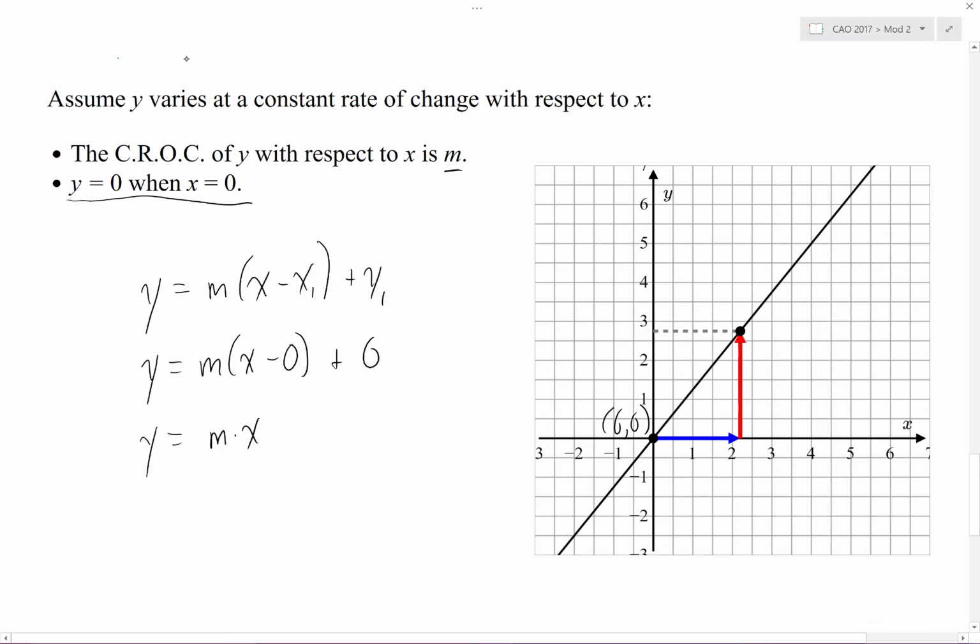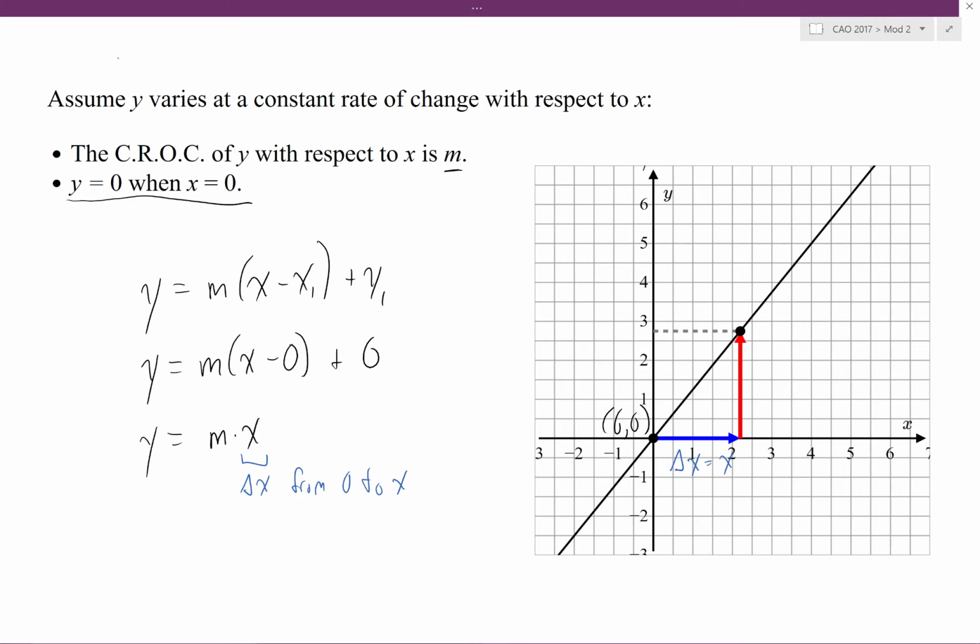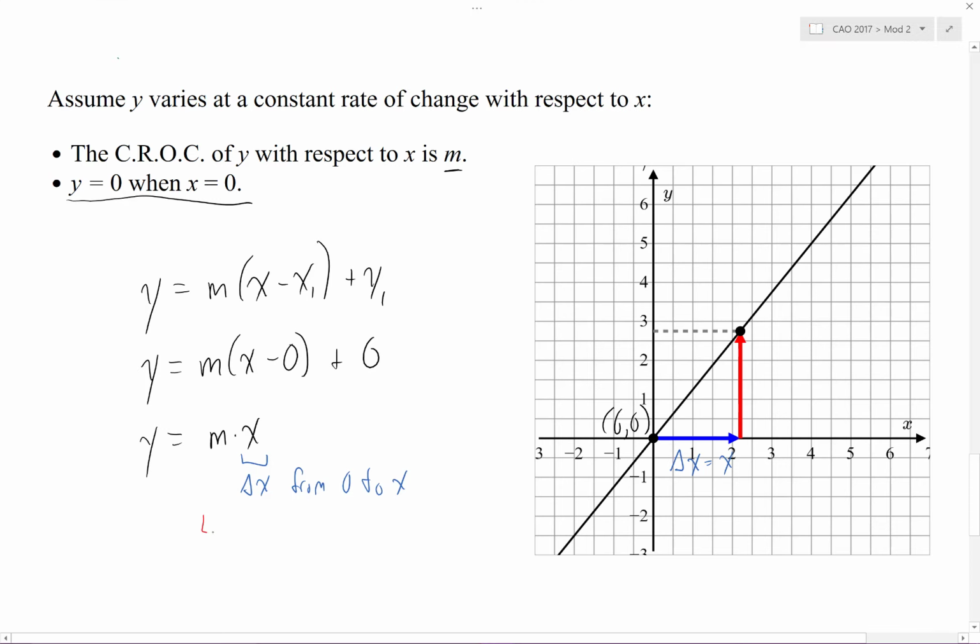Now in this scenario, x again can be thought of as the change in x from 0 to x. So our change in x from 0 to x is just equal to x. And again, if we multiply that change in x by m, we compute the change in y from our reference value of y, which is 0, to the new value of y.